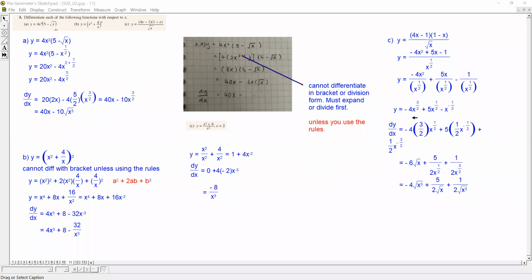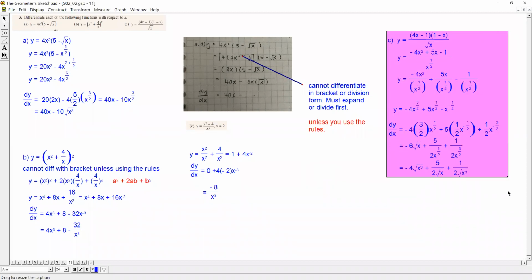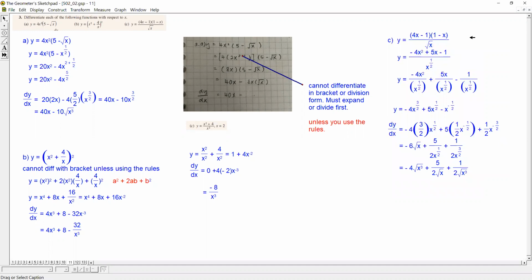Right. Coming back to this one, how to do? So you have to make it into one term, one term, one term. So how to make it into one term? Expand the bracket first. You have to expand in one step, right? If you have not, you just try.